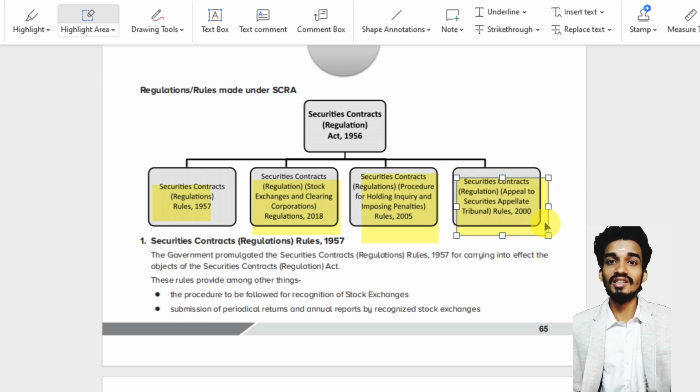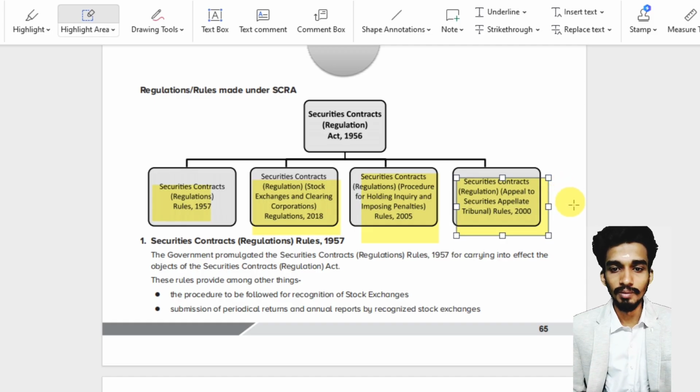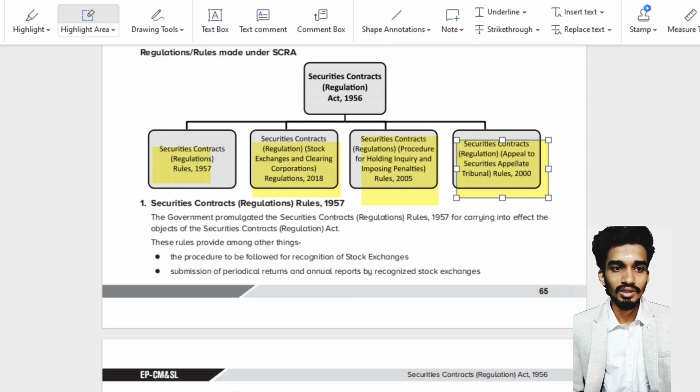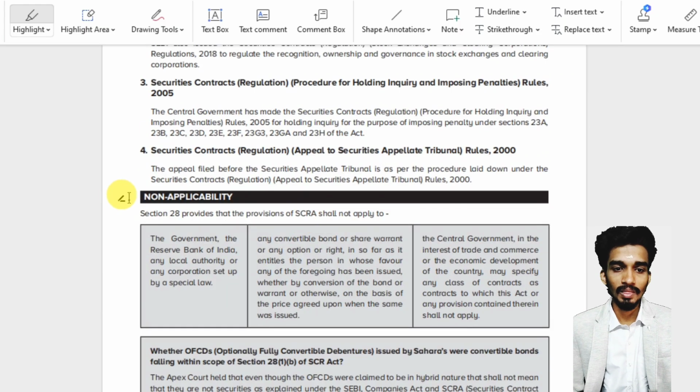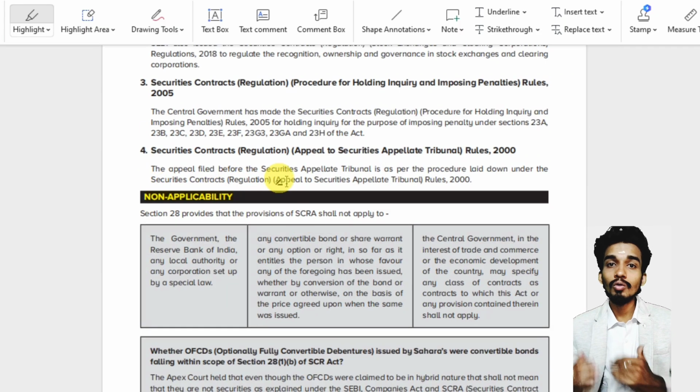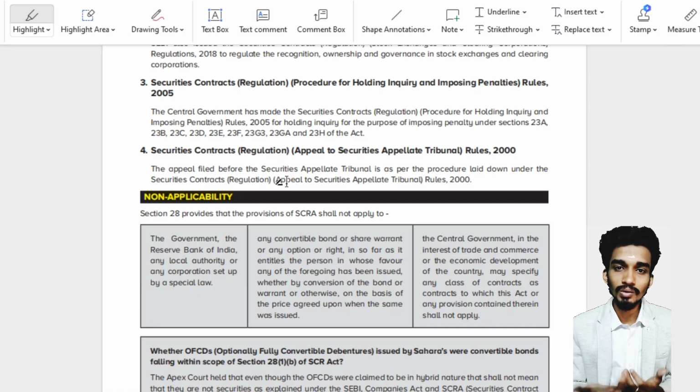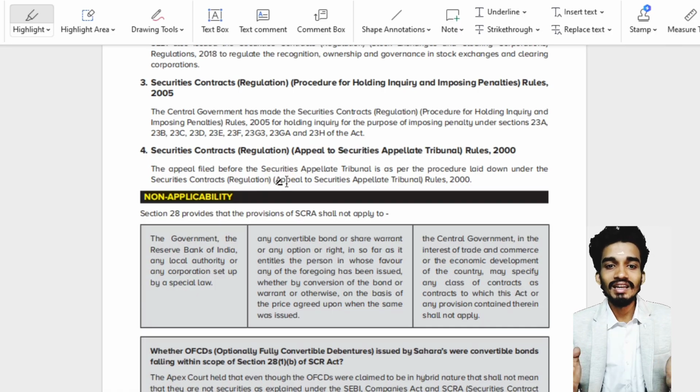Whenever there is a dispute, we have to appeal to the SAT, the Securities Appellate Tribunal, and if you are dissatisfied with the decision made by the SAT, you can go and appeal to the Supreme Court. Okay, and so next we come to non-applicability. On whom or on what securities won't the SCRA Act apply?